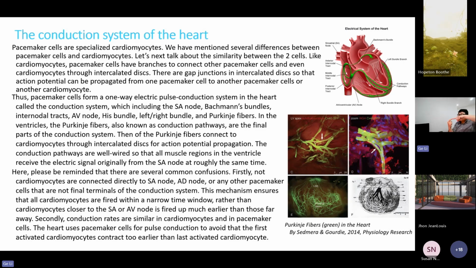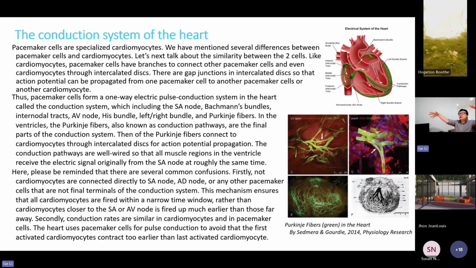Think about this tree as having two roots, one is the SA node, the other is the AV node. At the beginning of the tree there are branches, and the pacemaker cells join together as the branches. After these major branches, gradually we have smaller branches, and those small branches are the cardiomyocytes.